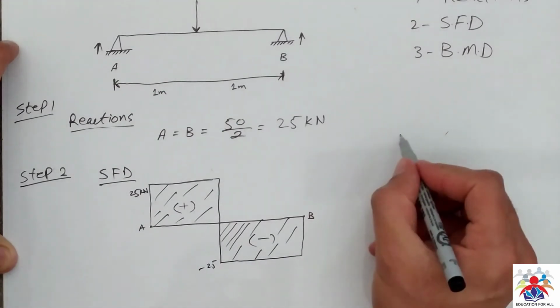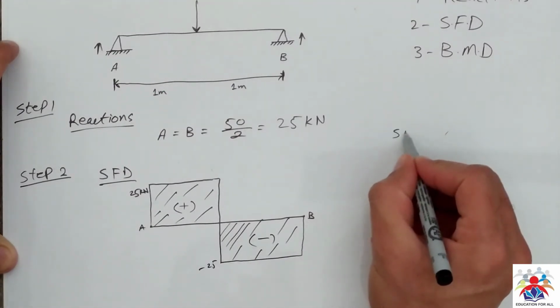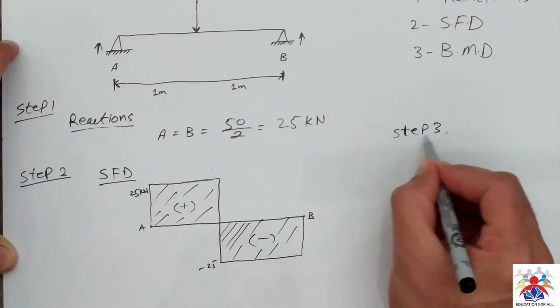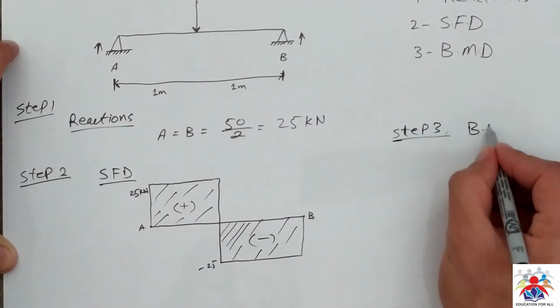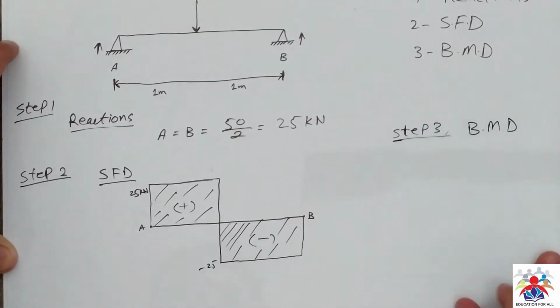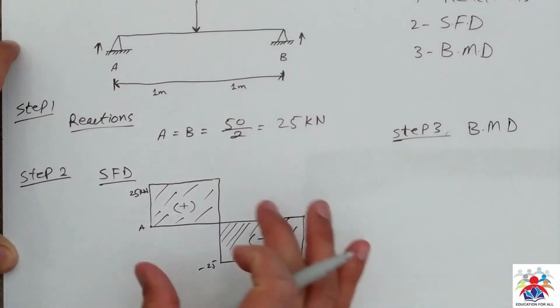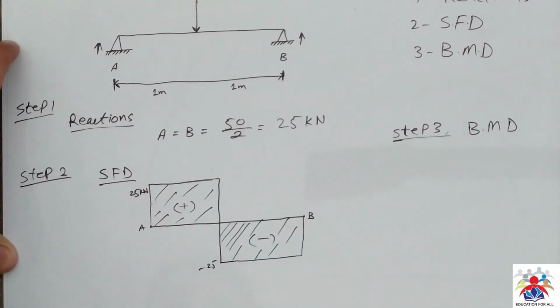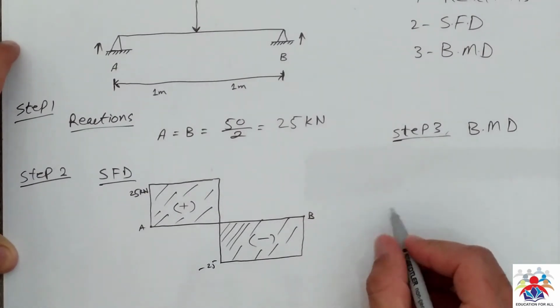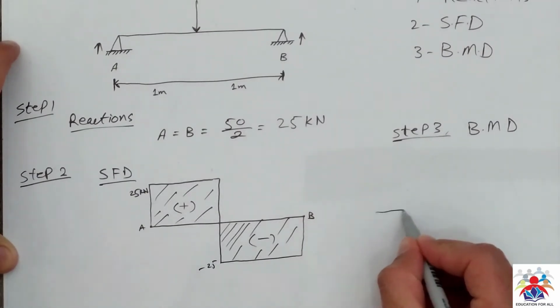Now step 3, which is the bending moment diagram. In order to draw a bending moment diagram, we have to look into our shear force diagram. Like I did before, draw a straight line.